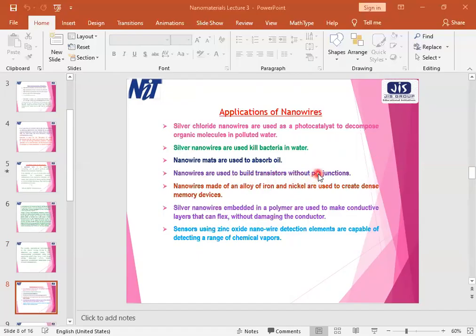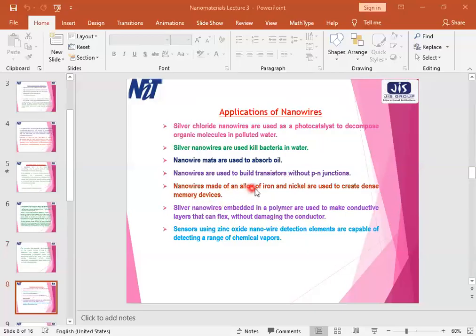That means in place of a PN junction, we know that PNP or NPN transistors are there. So what happens? We take the pure semiconductor, on which P type or N type doping is done. Okay, so that is not required. Using the nanowires, the transistors can be fabricated, PNP or NPN, any one.